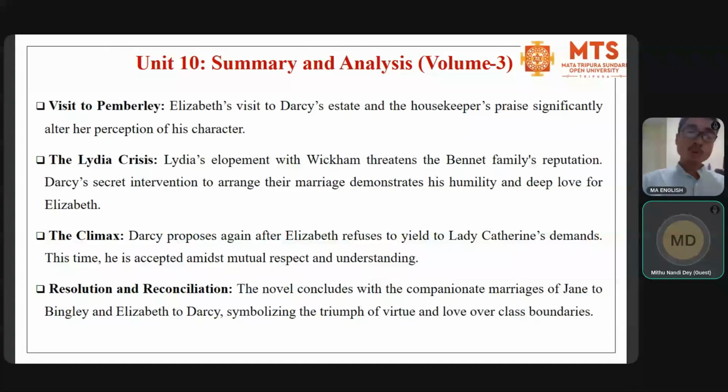And after knowing all these bad things about Mr. Wickham, their youngest daughter happened to have run away with him. Now there is chaos in the family. They took the thing as a disgrace, and they were very worried that the reputation of the Bennet family would be ruined. People will make fun of them, and of their family, and all these things.